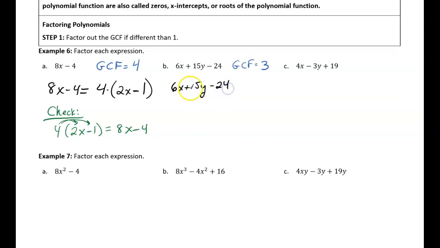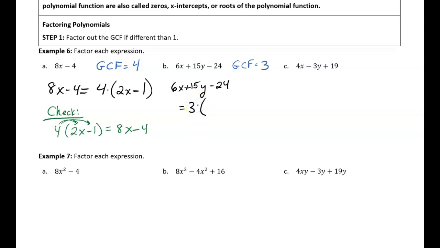That's okay. So then my expression that I'm trying to factor, 6x plus 15y minus 24. My GCF, we said, was only the number 3, right? Even no variables, because this has a y, this has an x, this doesn't have anything.